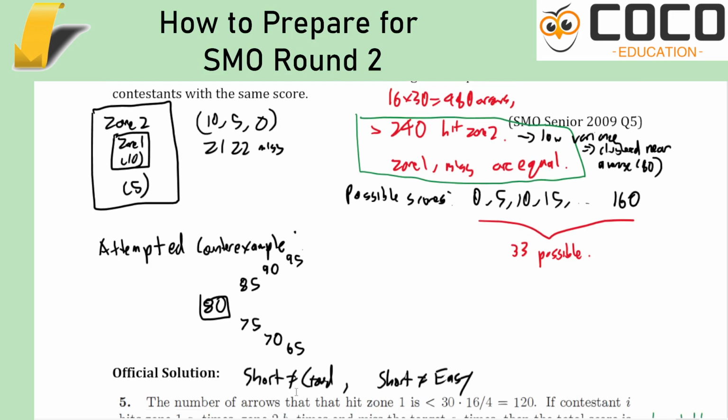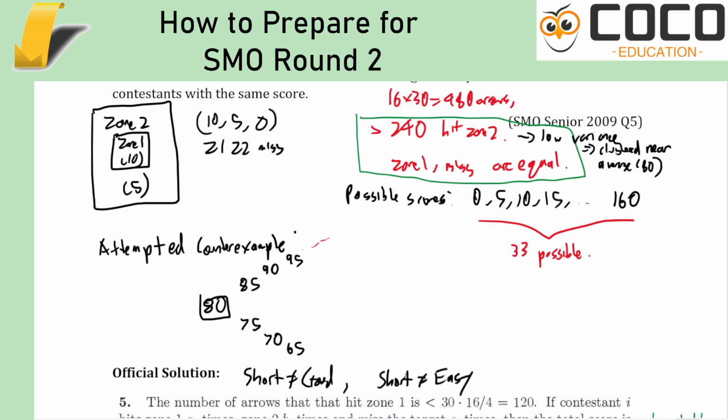Now, if I were to try to cluster them this way, it means that that's good because I have more of the zone 2 arrows, so it should not be too far away from AT.